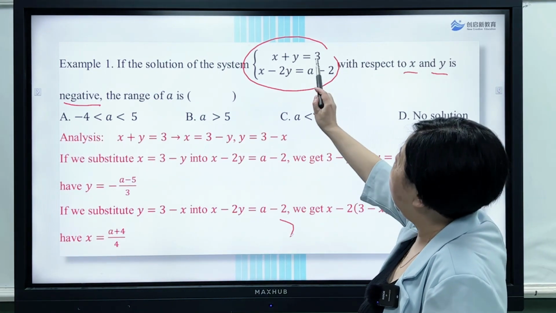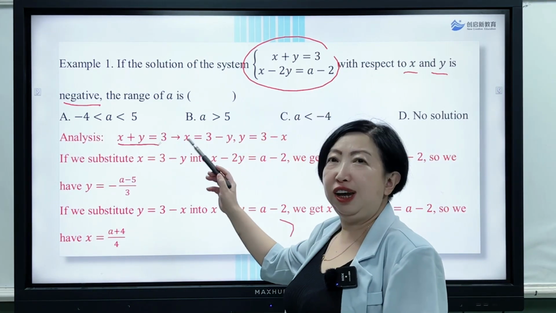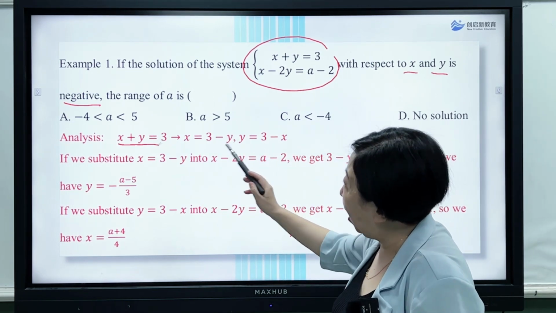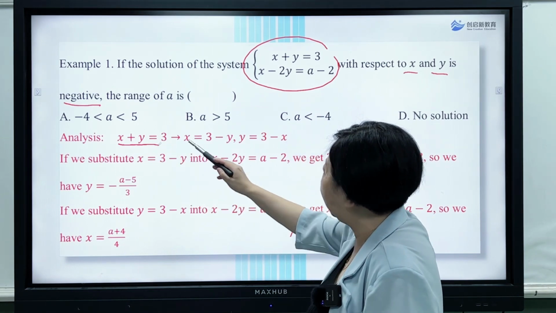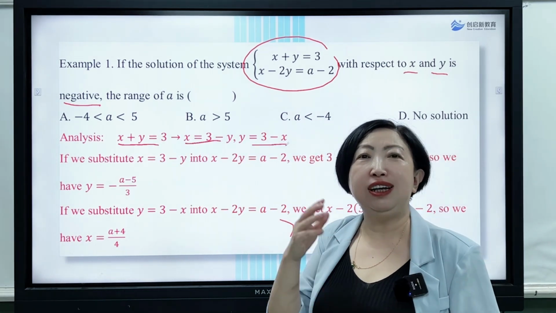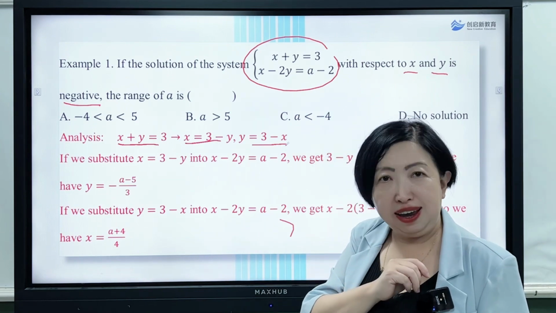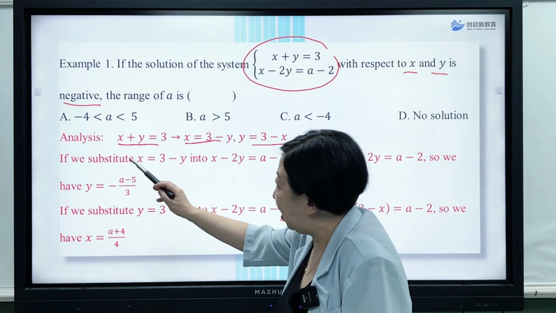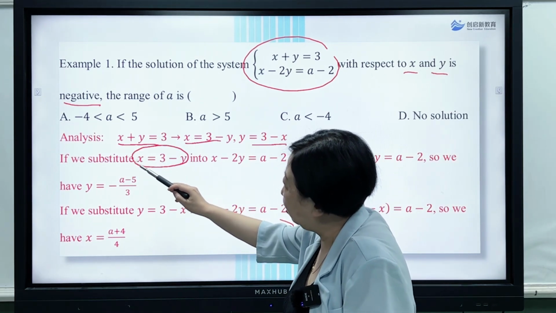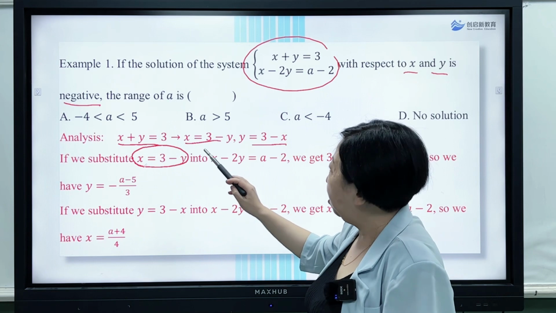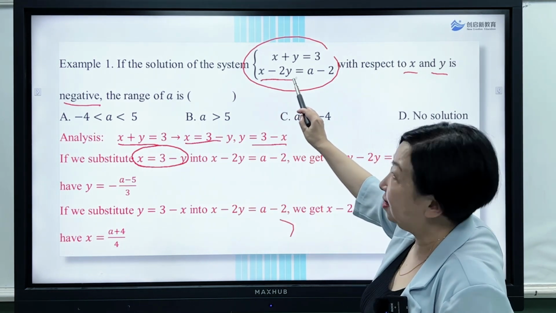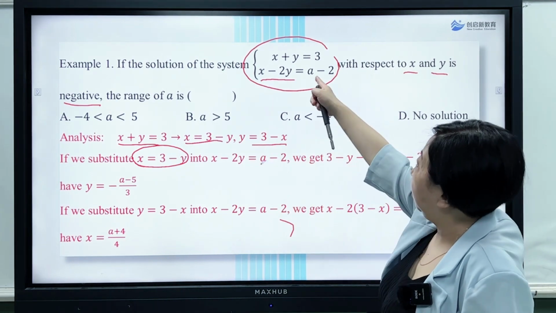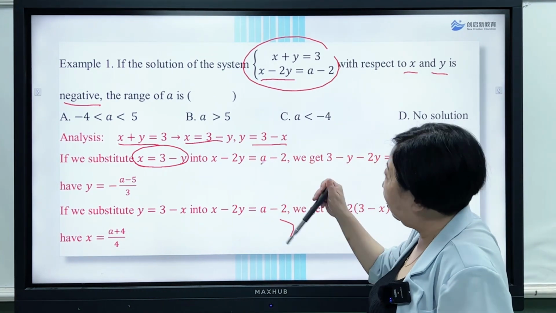Okay, x plus y equals 3. We can change it to x equals 3 minus y, or y equals 3 minus x. We can use y to express x, or use x to express y. If we substitute x equals 3 minus y into the second line, x minus 2y equals a minus 2, then we can get what?